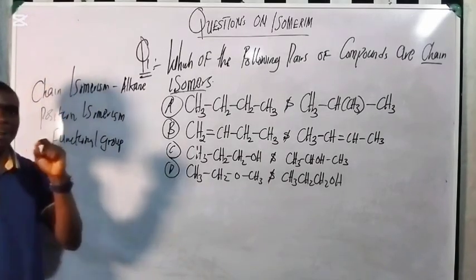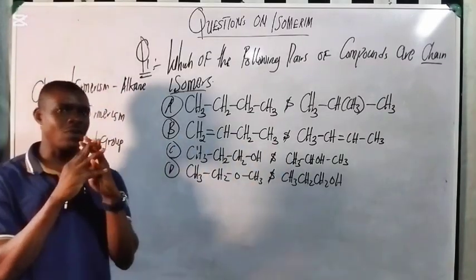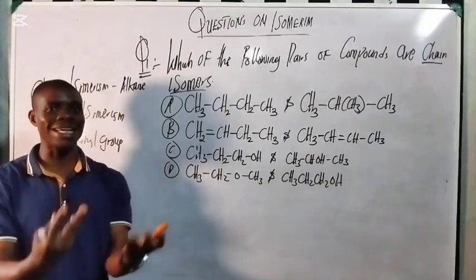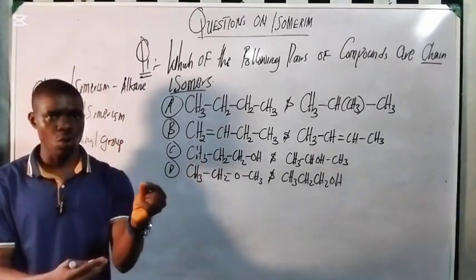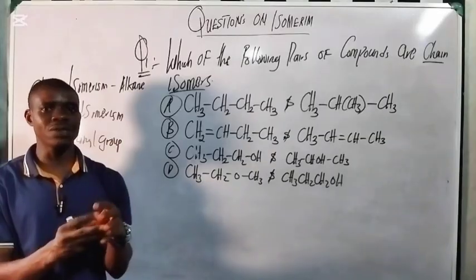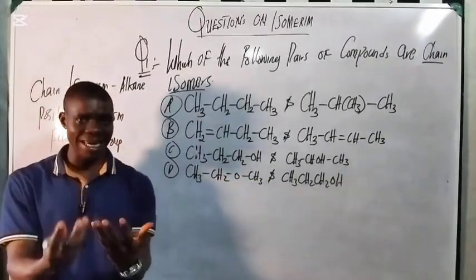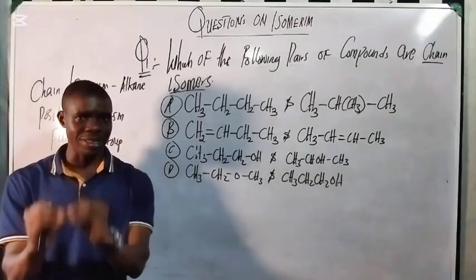So if you're talking about any isomers that involve alkanes, it's called chain isomerism. When a question is given to you asking which of these is chain isomerism, your eye should go to the alkane. Is there an alkane? If there is, that is the answer here.